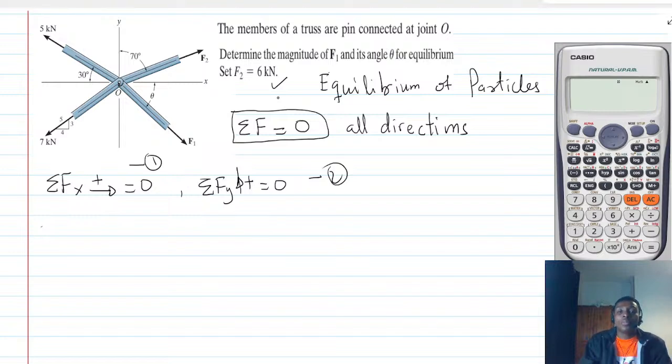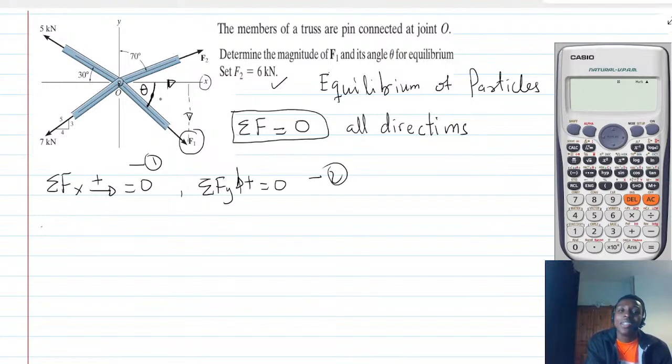Okay, this is F1. Now F1 makes an angle of theta with the x-axis. Okay, this one is theta. Now the x-axis is here, but what do you see? The y component. So the x component is going to come here, but the y component will come vertically downwards like this.